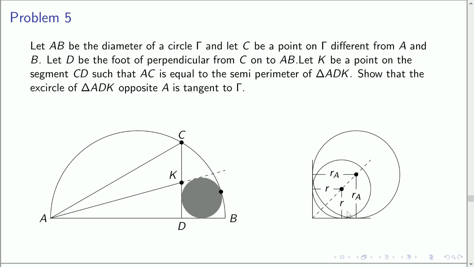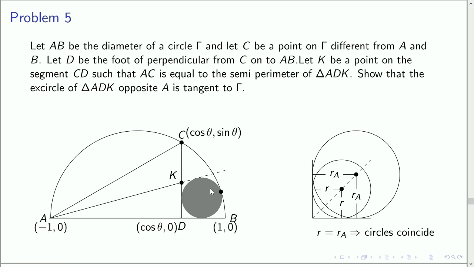Okay, so if R is RA, then the two circles will become the same. So that is what we'll show. We'll show the excircle, the circle which touches this side, this one, and this one, and the circle which touches these two lines and the circle, have the same radius. And that will imply that those two circles are the same.